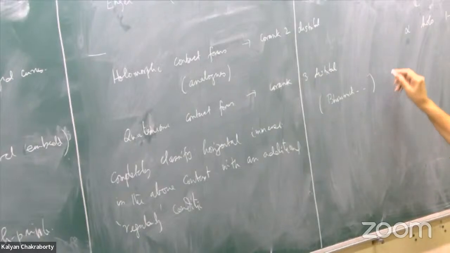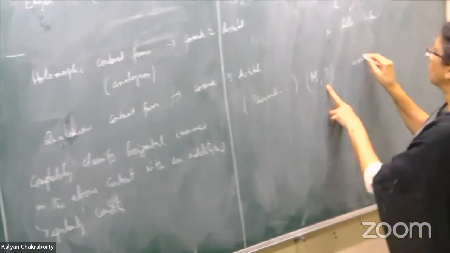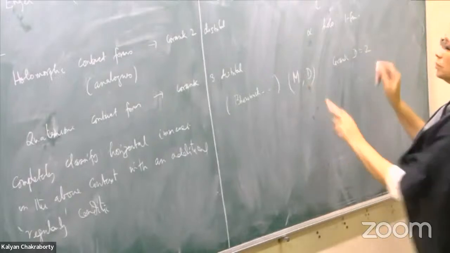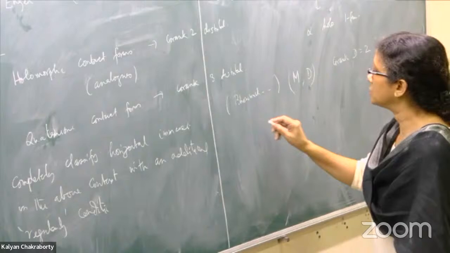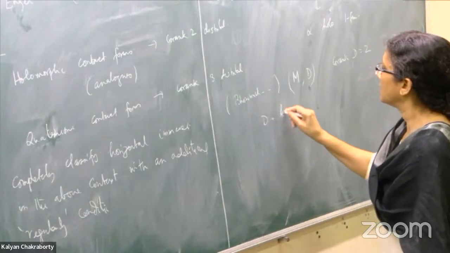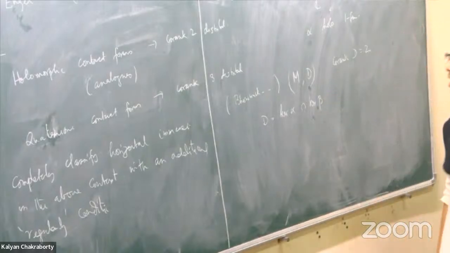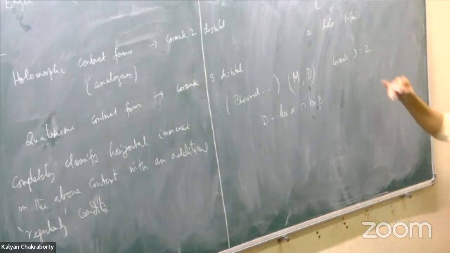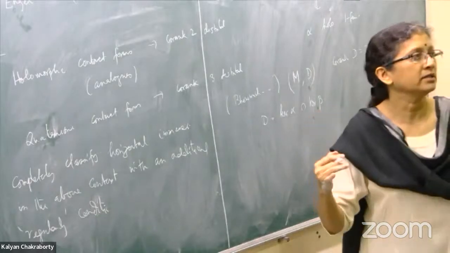It says that suppose M is a manifold with a distribution D where the codimension of D is 2. Okay. And so codimension 2 means D can be written as the kernel of alpha intersection the kernel of beta. And we assume one specific condition on D which is also shared by the contact form.